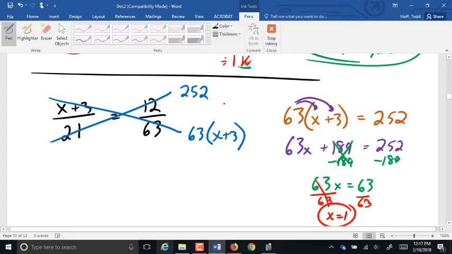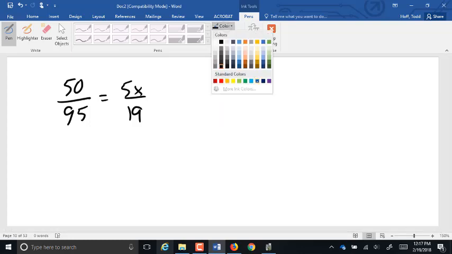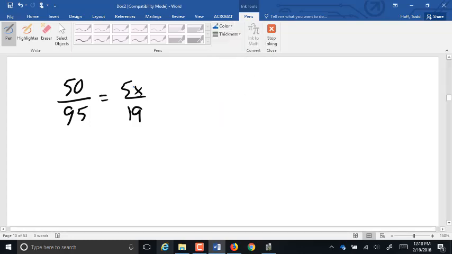Or you can run into proportions like this. 50 over 95 equals 5x over 19. So again, the variable, the number we're looking for, isn't by itself in this proportion. So we will just cross multiply. 50 times 19 is 950. 95 times 5x.